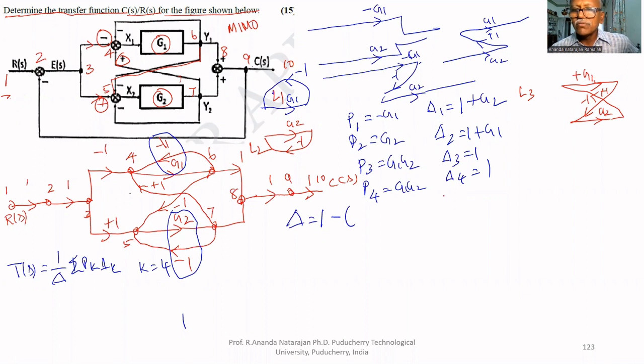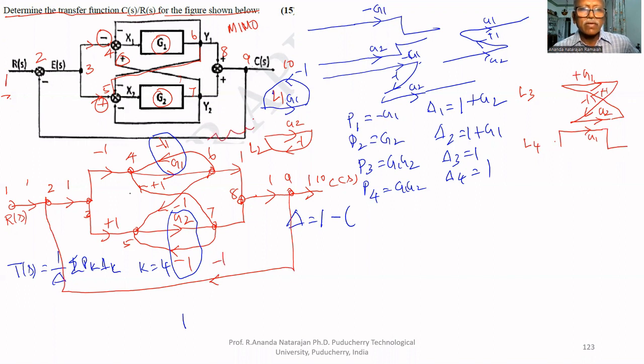So it is minus G1 G2. This is the third loop. The fourth loop L4 is this way, G1, and one more loop I missed here. This is the feedback. So G1, and at 9 it comes to 2, then 3. So G1 with -1. Therefore, L4 is minus G1.